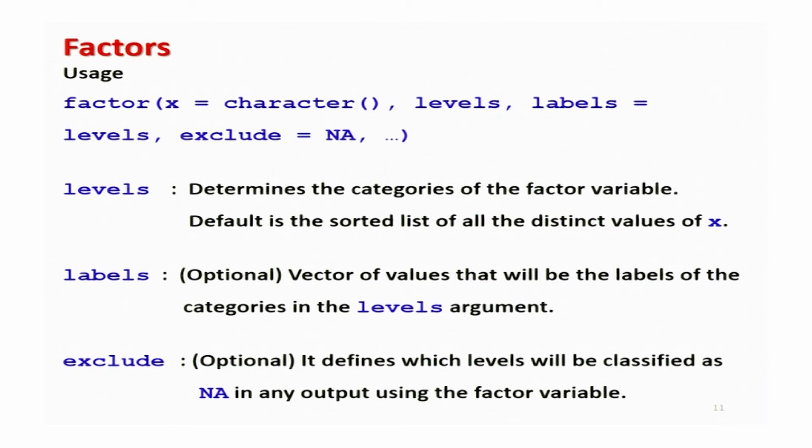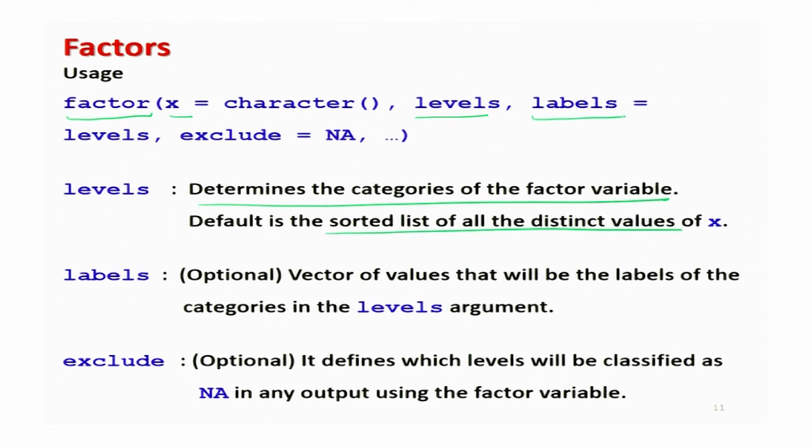So the usual command for factors in the R software is factor, where x is the vector of integers or strings, and then we have labels. These labels determine the categories of the factor variable, and usually they are sorted with all the individual distinct values in x.